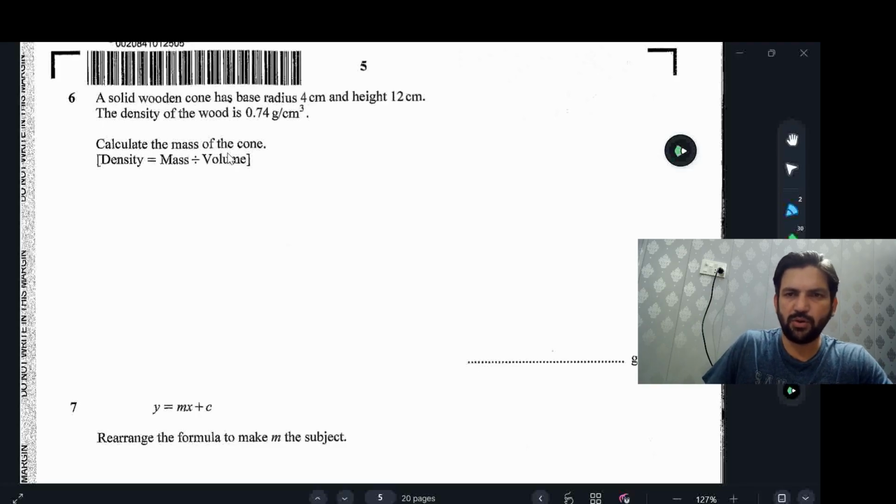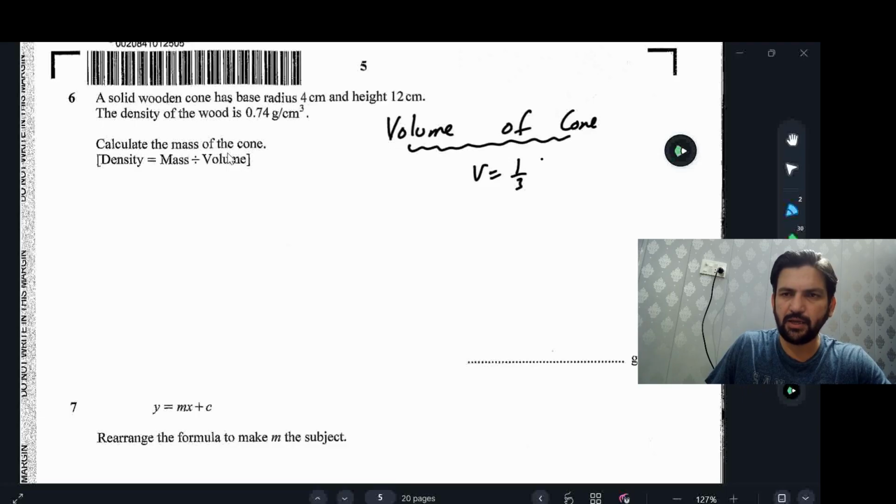Now the volume of the cone, the formula is given on the first sheet, the list of formulas: the volume of the cone will be equal to 1 by 3 into pi into r square into height. Now 1 by 3 pi r square, the radius is 4, so 4 square, and height is 12.